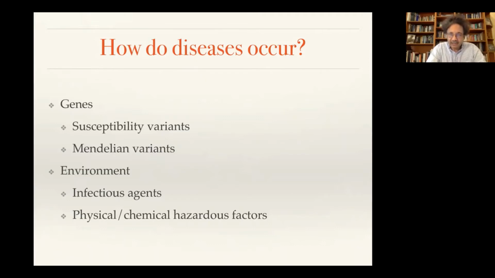And the second are Mendelian variants, which are rare genetic variants, which have distinct phenotypic outcome. And of course, the environment. And I put infectious agents, including viruses, within the environment. And they may have genes, or physical, chemical, hazardous factors, etc.